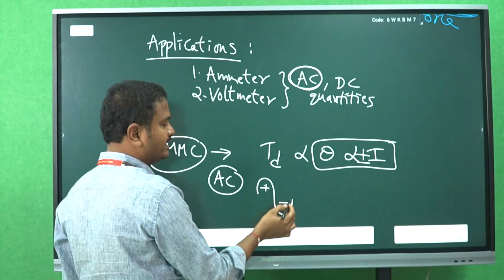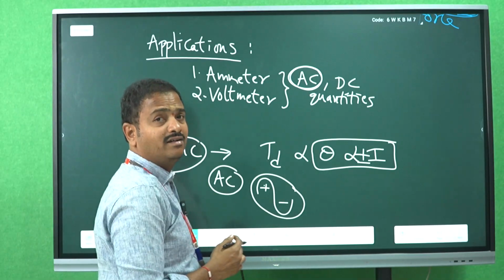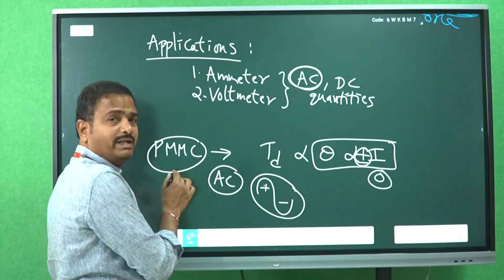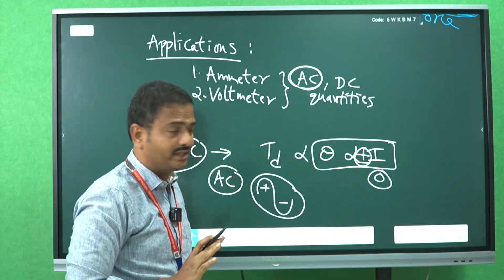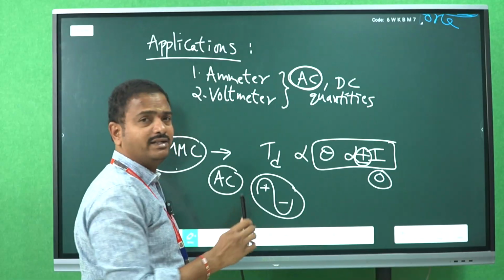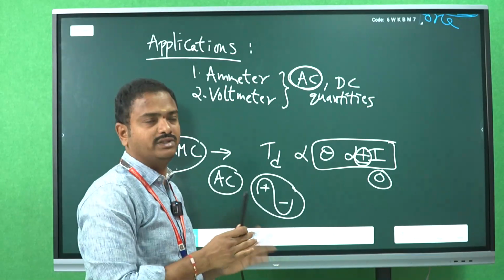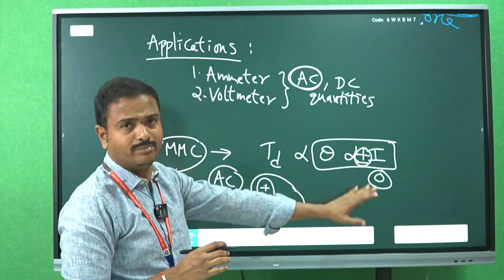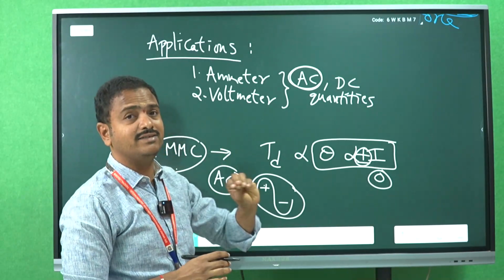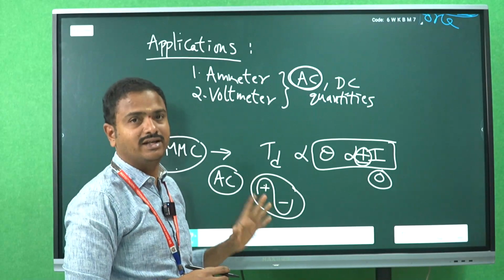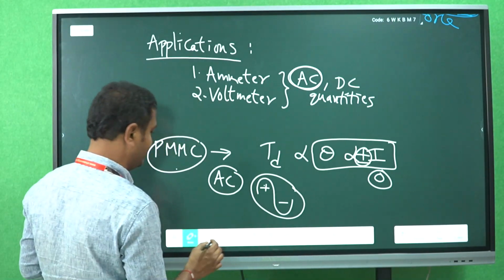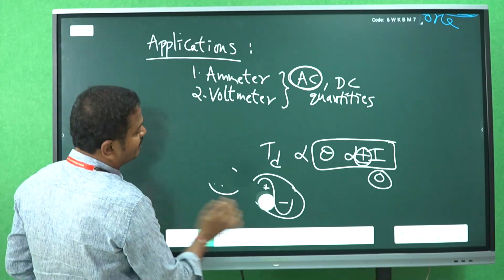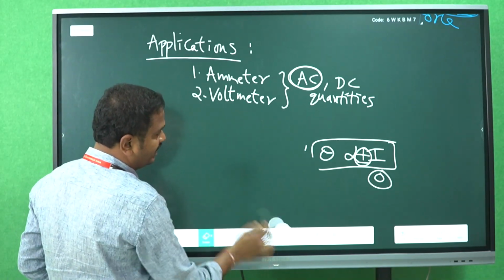So with both plus and minus, the average of the final value will be 0. That means if we connect the PMMC instrument in the AC supply circuit, the pointer does not move on the scale to represent the value. The average value is 0. But MI instruments measure AC voltage and AC current values accurately, because in this the angle of deflection is proportional to I square.